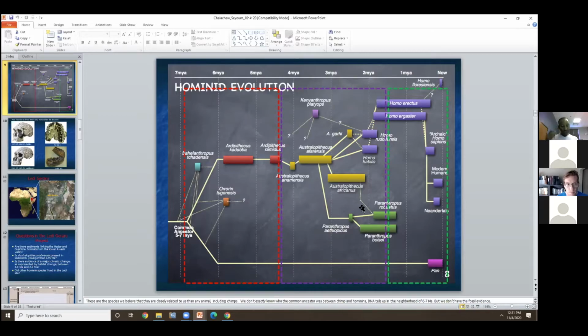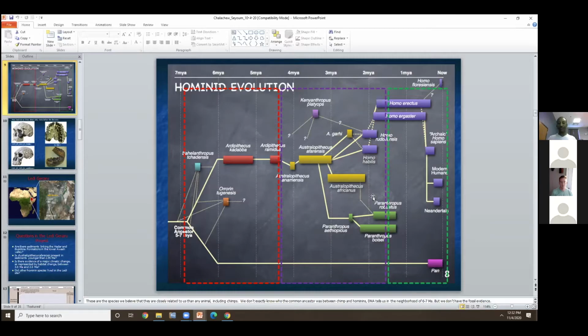So the third segment, as you can see here, includes all the species, most of them species in the genus Homo, and there are other species which are not listed here. There are other new species which are not included on this tree.